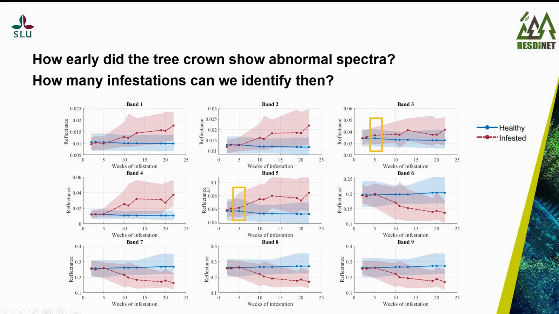Then gradually, for example at 5 weeks of infestation, band 3 and band 5, the red band and red edge band, first show some response to the infestation. But at this time, the spectra are still overlapping a lot, so it's really difficult to separate the 2 groups.